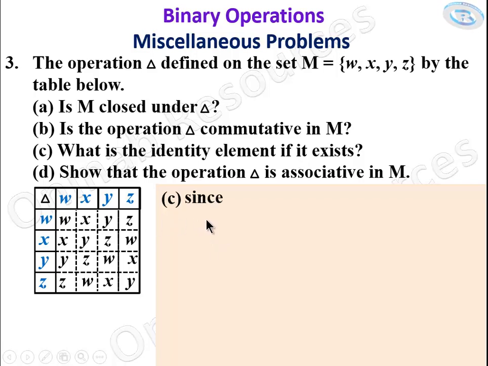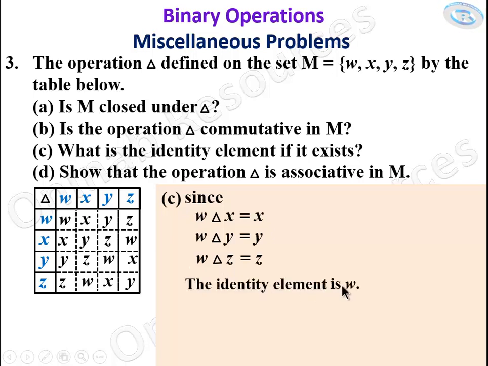Since W operation X gives X, W operation Y gives Y, W operation Z gives Z, even the W operation itself gives itself, we now conclude the identity element is W. And we've just finished solving problem 3C.